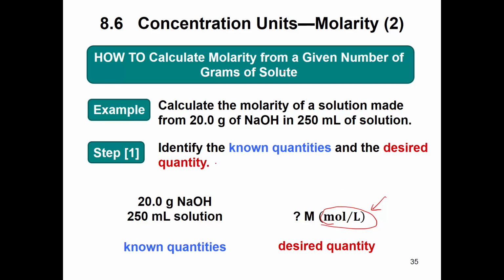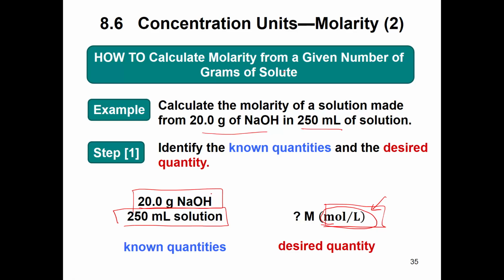So in this particular problem, you've got 20 grams of sodium hydroxide in a 250 milliliter solution. It wants to know what is the molarity of that. You're going to have to get to moles per liter.